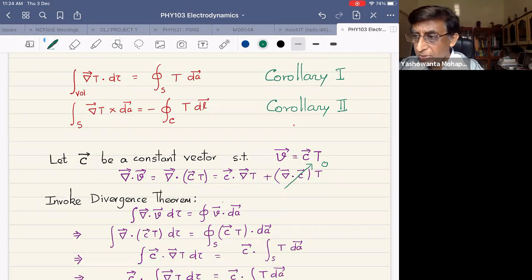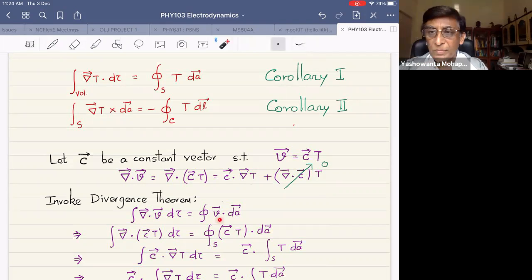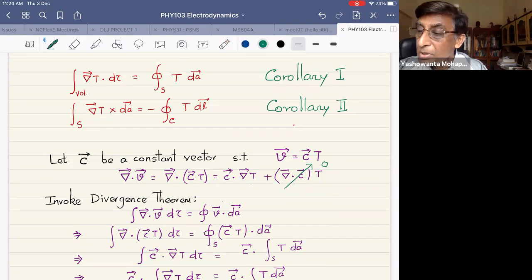Now I invoke the divergence theorem: the integral of del dot v d tau over the volume. Of course, I'm not writing it every time, but you can always add the volume here, and so on.